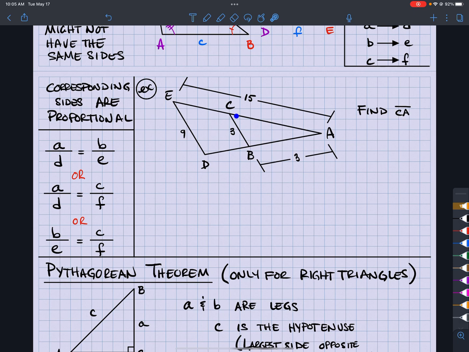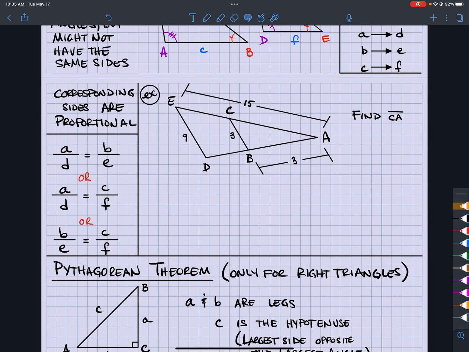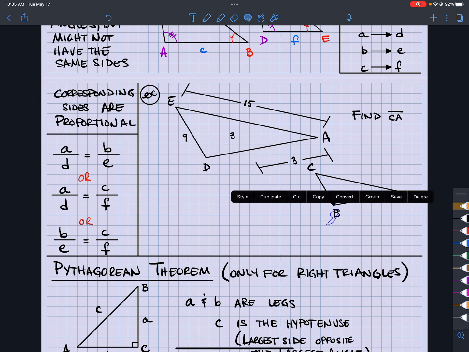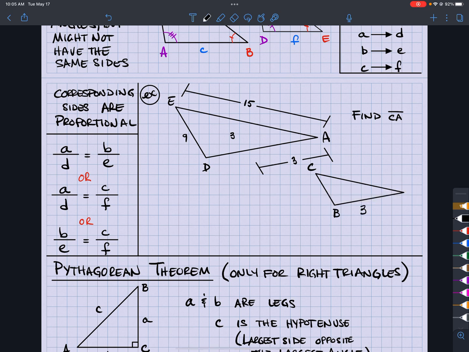I have an example right here where I need to find CA. Let's take this triangle out of there and label those sides. There was C, this was B, and I know that this side is 3, this side is 3, and this would be A. I'm looking for CA, so I'm really looking for that right there.